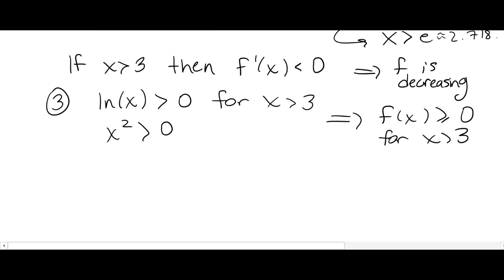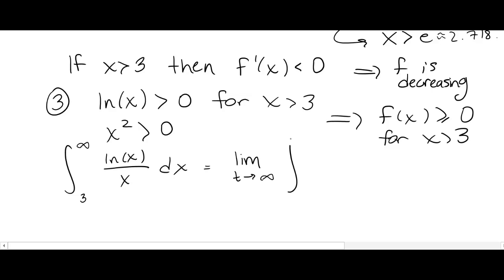So we can apply the integral test using our lower bound as x equals 3. So we need to check that the integral from 3 to infinity of ln of x over x, we need to check if this is converging or diverging. So in order to evaluate this, what we're going to do is take the limit as t approaches infinity and then evaluate the integral from 3 to t.